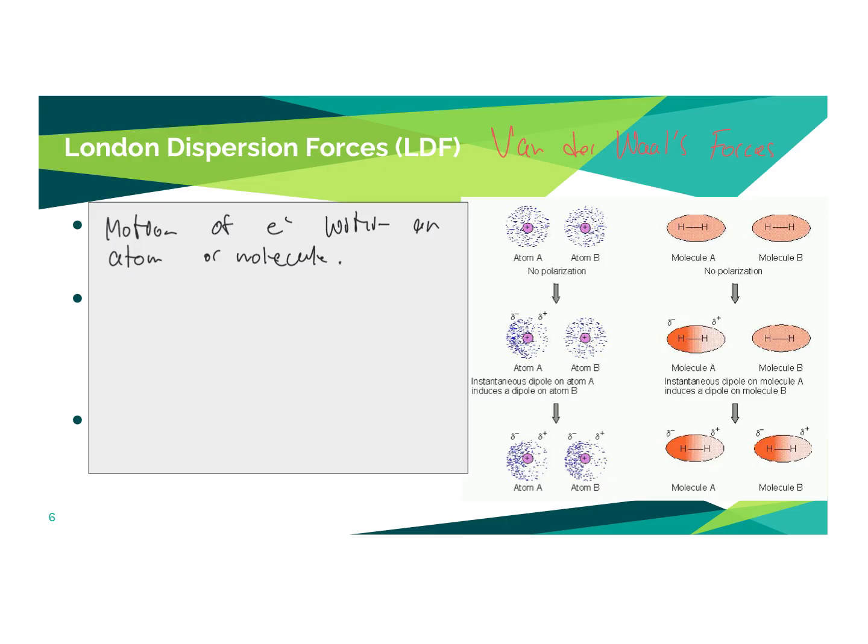So if we look at this diagram on the top, we have no polarization, so those electrons are all equally scattered around the entire atom. But let's have a scenario where after some time and movement, we have more e- on this side, and on this side we have fewer electrons. They just so happen at one point to be on one side of the atom versus the other.